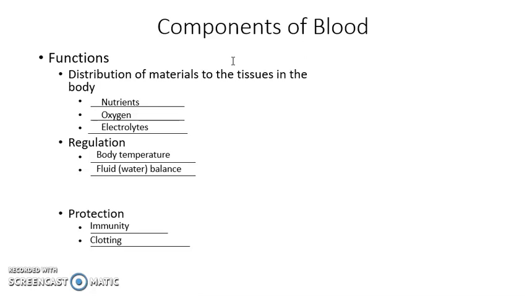There's really no cells other than sperm cells that can move and go get what they need, like oxygen and sugar and things like that. So because your blood is really the only mobile tissue that can go from one part of your body to another, its job is to spread nutrients, right? So nutrients like everything that you eat, oxygen, that kind of thing, right? And electrolytes, which are also a part of what you eat.